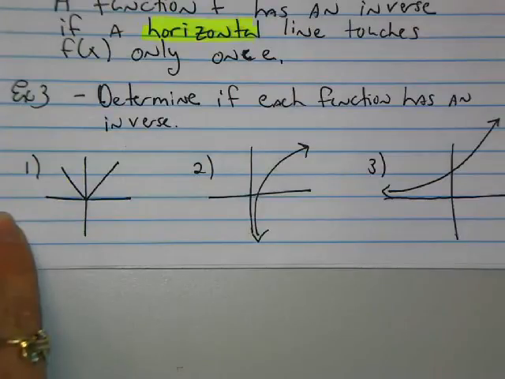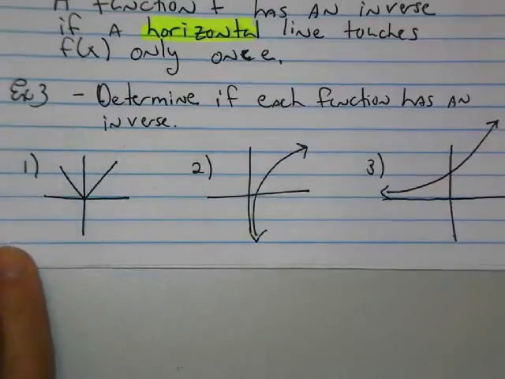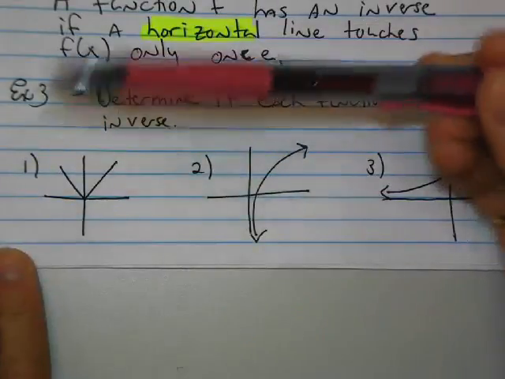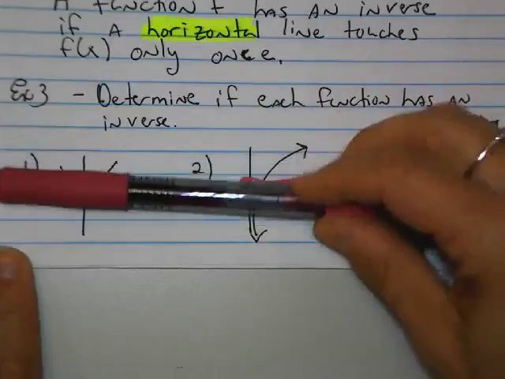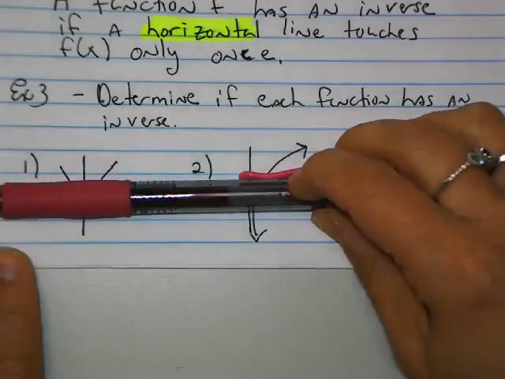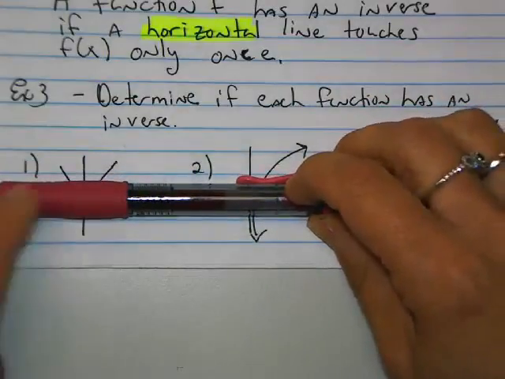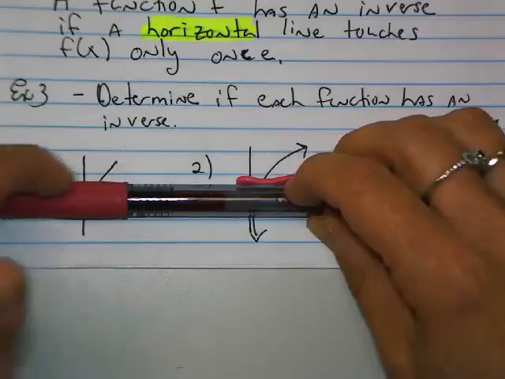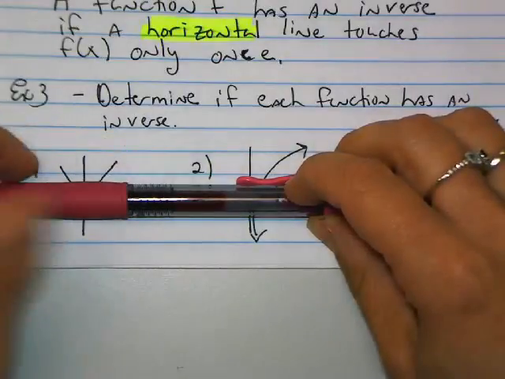Alrighty, so what I want you to do is utilize this time a horizontal line and tell if the horizontal line touches the graph just once. So on number 1, can you see that my horizontal line would touch in these two places? So this does not have an inverse function.